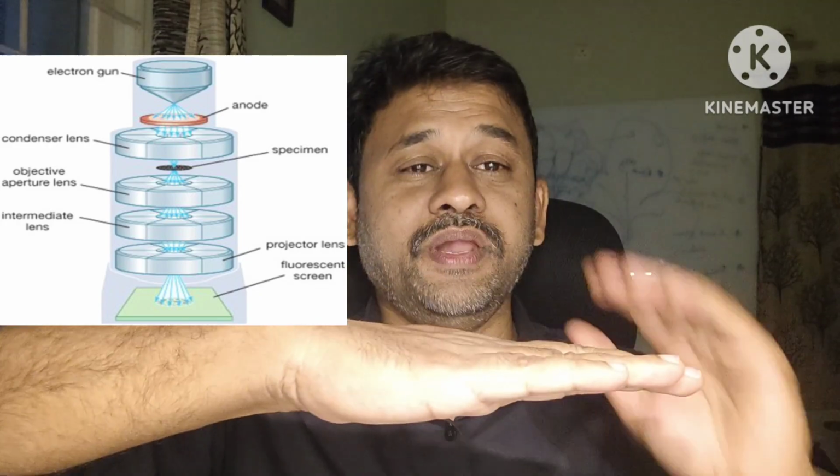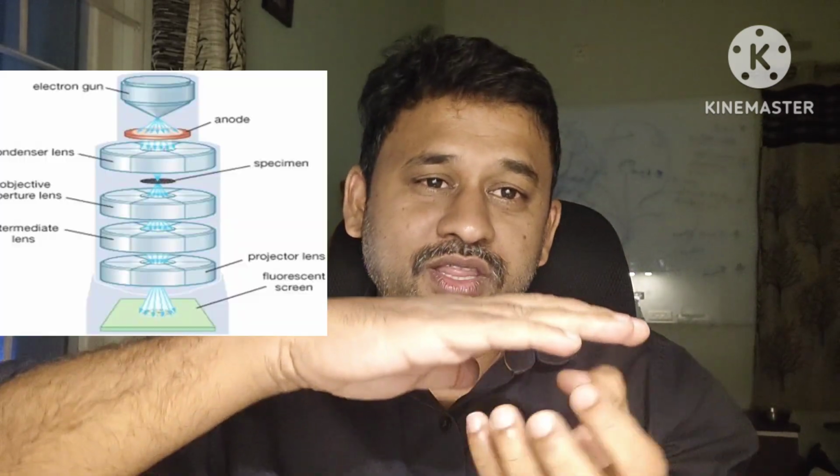The preparation of the sample is one of the crucial steps in TEM, because, unlike SEM, not all samples can be examined. The sample thickness should be 100 nanometers or lower, then only electrons can easily pass through it. This is one of the most important and crucial steps in TEM. That's why TEM operation is not as easy as SEM, and a skilled person should operate the TEM.